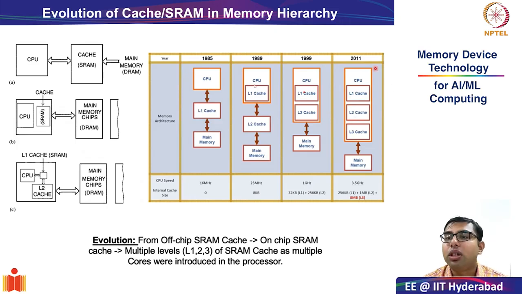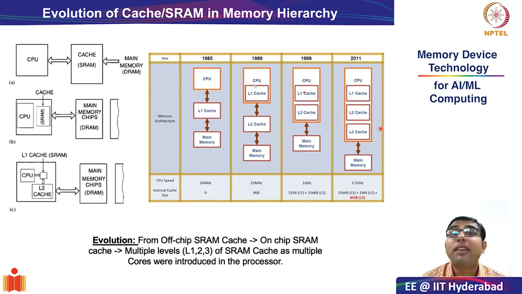In recent times, the recent architecture has different levels of cache: L1, L2 and L3 cache. And as we have discussed, because we have multi-core processing nowadays, where the CPU is not just one core but multiple cores, L1 and L2 caches are given to each and every core, whereas L3 cache is common to all the cores.